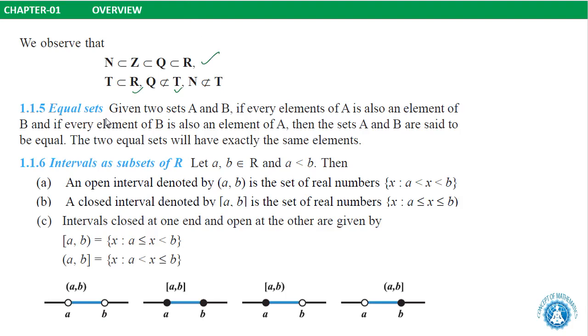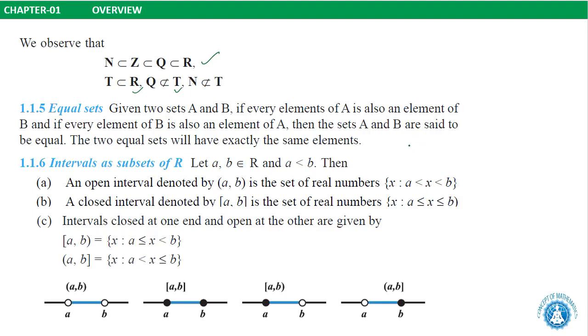Next, what are equal sets? Given two sets A and B, if every element of set A is also an element of set B, and if every element of B is also an element of A, then set A and set B are said to be equal. Two equal sets will have exactly the same elements.